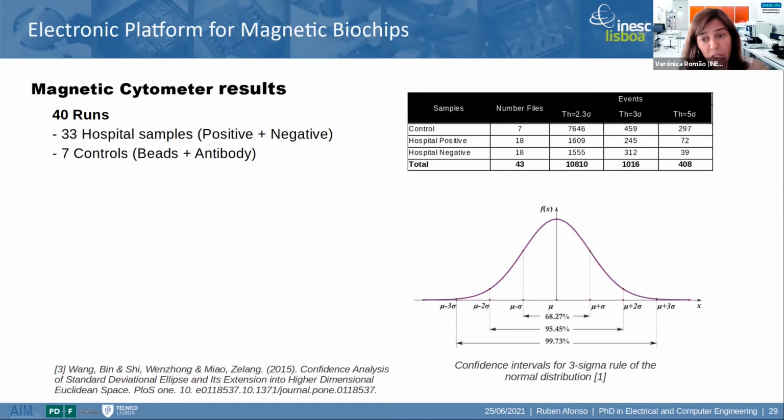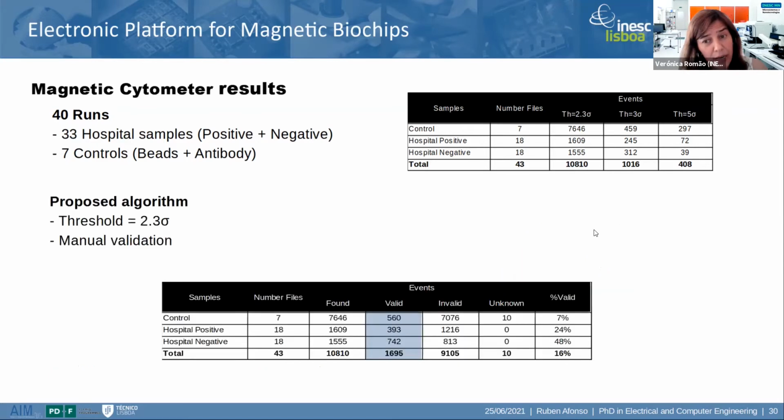After manual validation, the peaks that are considered to go ahead, you validate them and you end up with 16%. But when you apply the 3 sigma and the 5 sigma, you end up with about 65% of peaks validated, right? Or not?